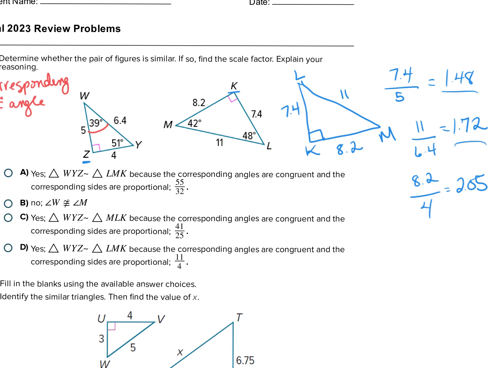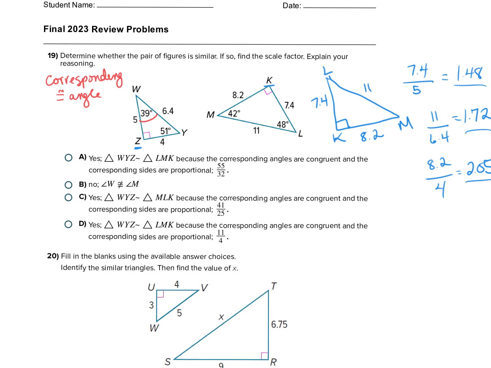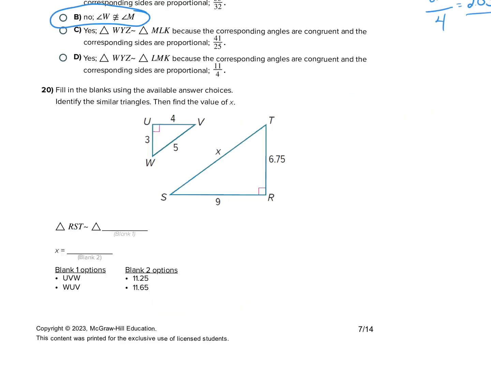So you'll notice I get a different scale factor for every side length. So our only option is no. The two triangles are not similar.